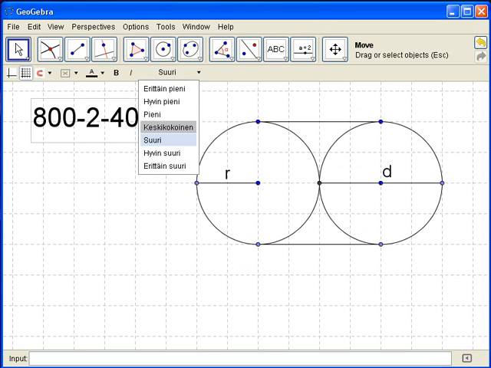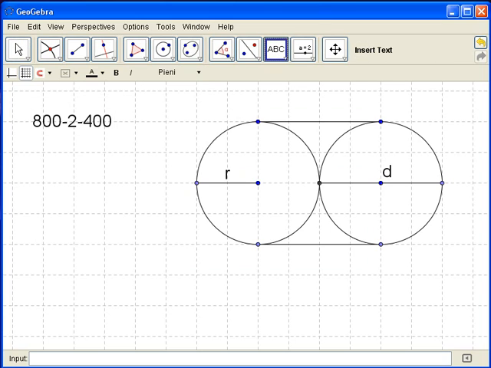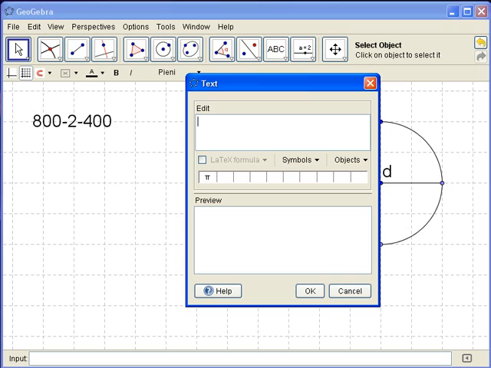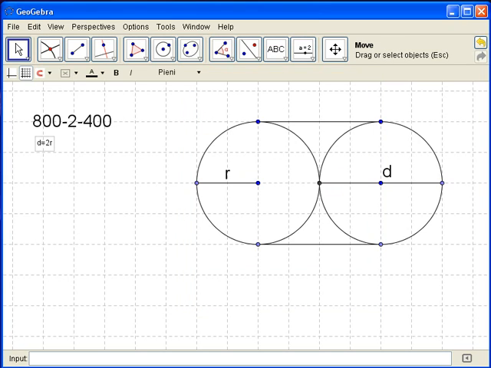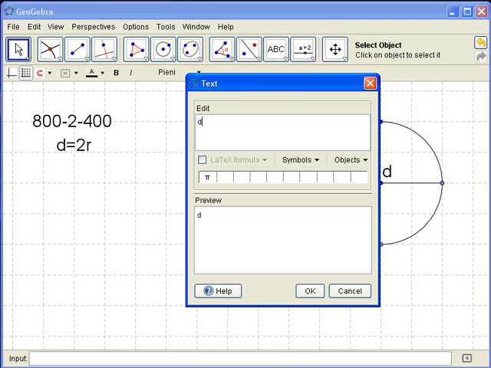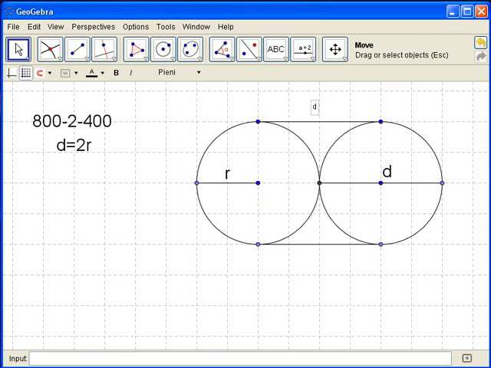Okay, that's of course given. And we can see also that the length of these lines is also equal to the diameter.